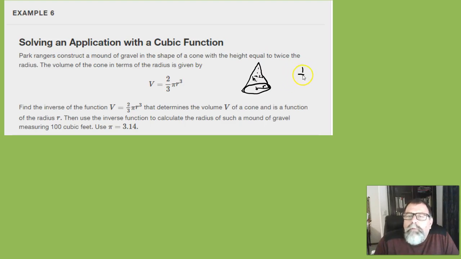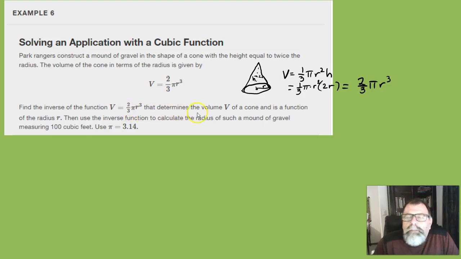Okay, so the normal formula for volume of a cone is 1/3 pi r squared h, but since they told you h is 2r, that's what gives you the formula they gave you in the problem. 2/3 pi, this was r squared times r is r cubed. All right, so that's where this came from. So this is the generic formula for any cone. And then for this specific problem, it's going to be 2/3 pi r cubed.